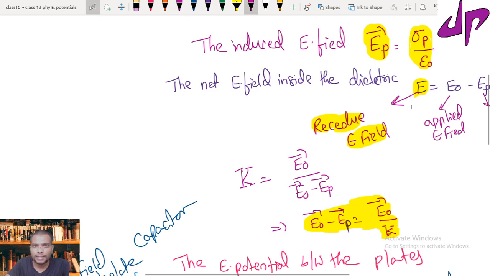So E equal to E naught minus E suffix p.